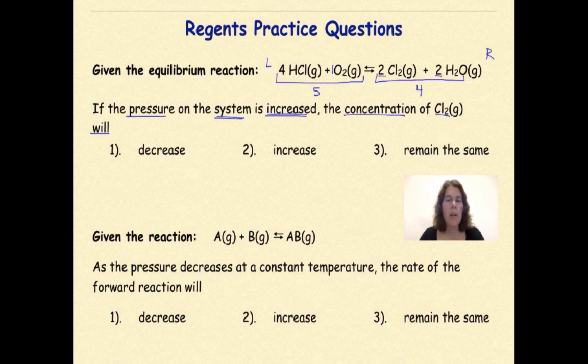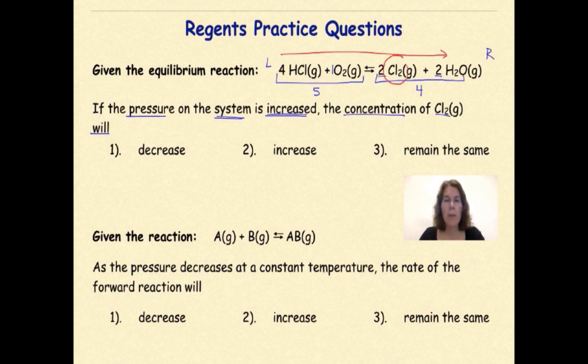So if the pressure on the system is increased, okay, we're increasing the pressure. That means I'm going to shift this point of equilibrium over to the side with the least amount of moles because I'm increasing pressure, decreasing volume. The concentration of Cl2 will, here's Cl2 right here.